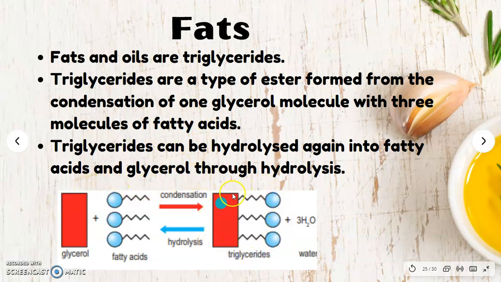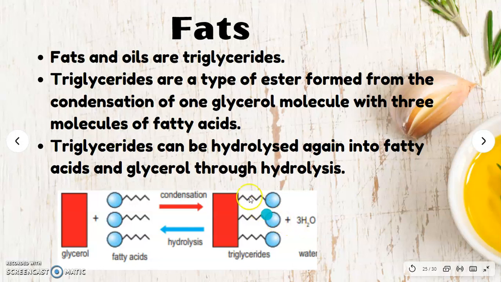This is a triglyceride that forms from one molecule of glycerol combined with 3 molecules of fatty acids by a condensation process. It will form one molecule of triglyceride with the removal of one molecule of water.